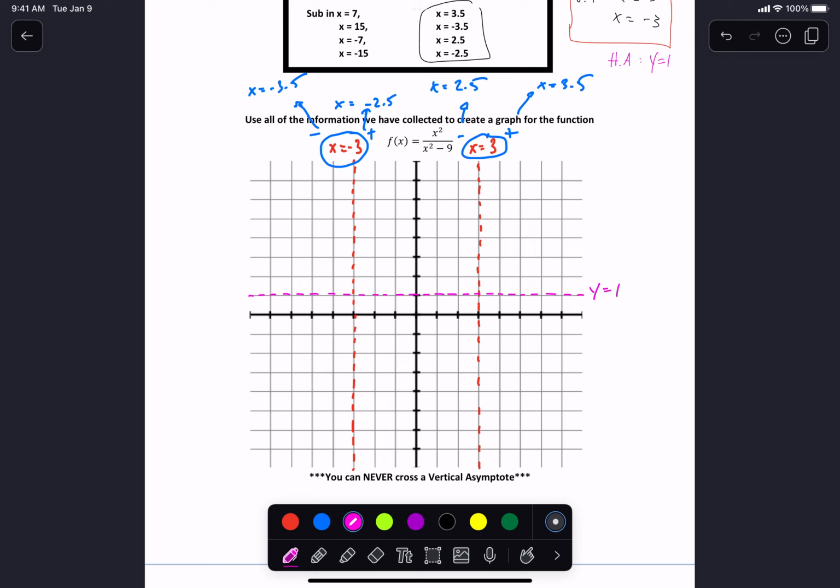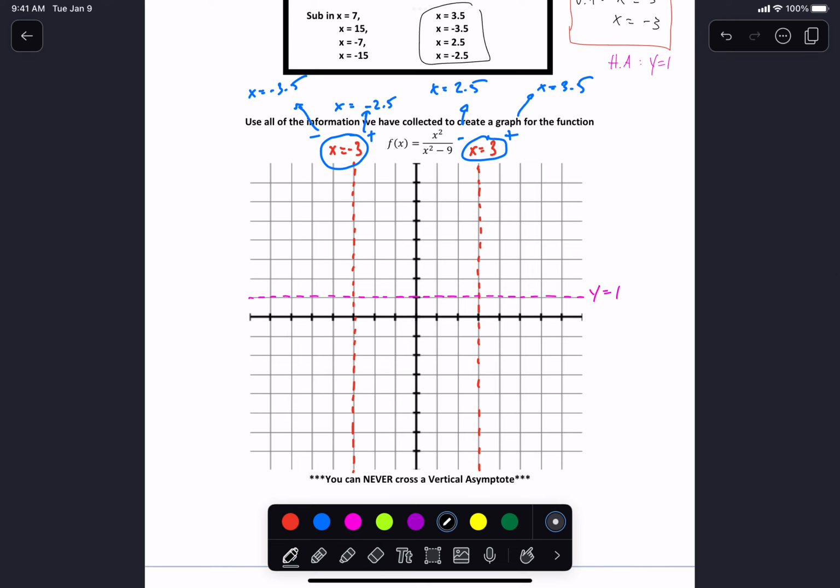But for right now, we know that we went through 0, 0. So I'm just going to plot that point. 0, 0 is both, for this question specifically, our x-intercept and our y-intercept. So it has to go through that point.